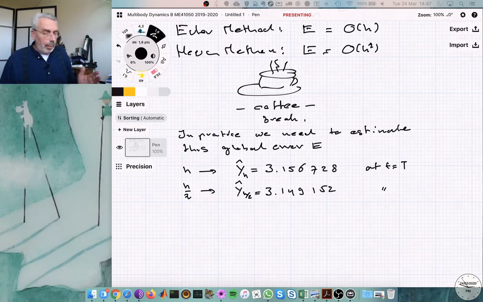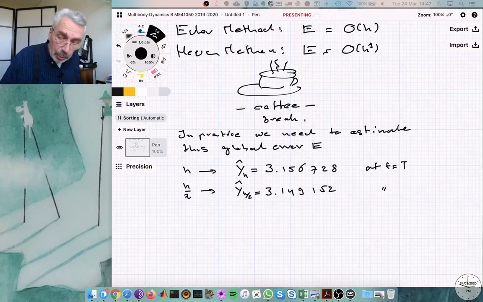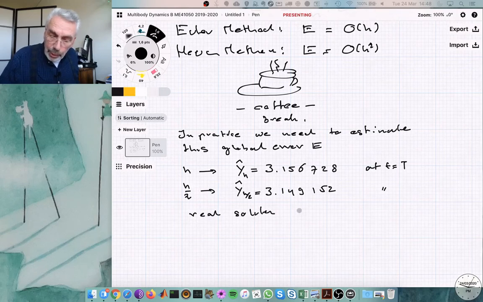Now, my intuitive way would be to say the real solution of y at t is probably, well, I see both a 3, so that's probably 3. Then I see both a 1, so that's probably okay.